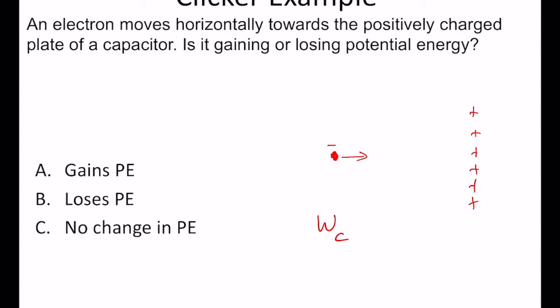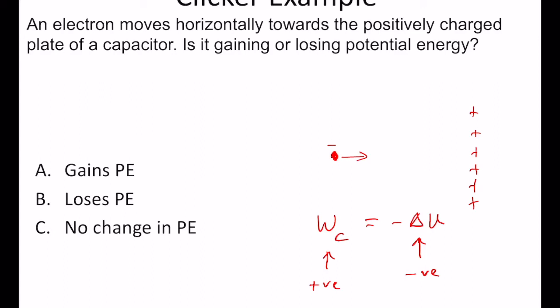The relationship between the work done by a conservative force and the change of potential energy is given by this equation. There's just a relative negative sign. So if this is positive, delta U has to be negative. And so that means the potential energy of the electron is decreasing.